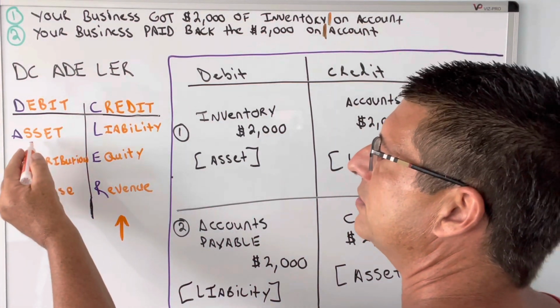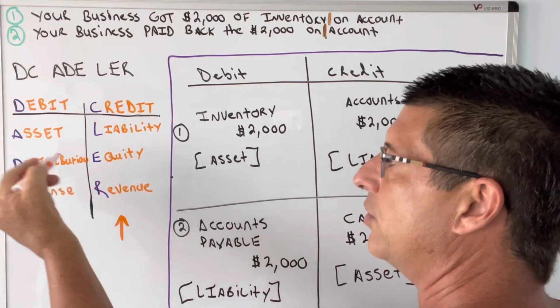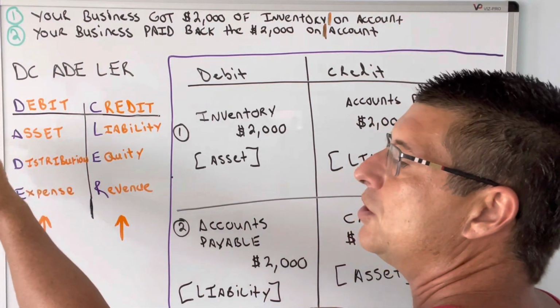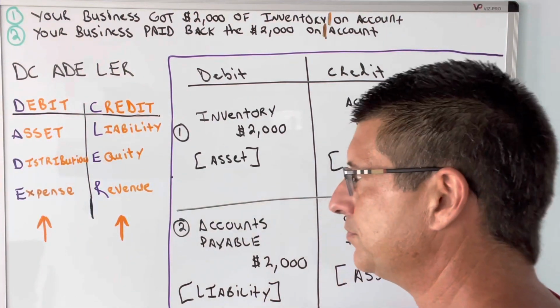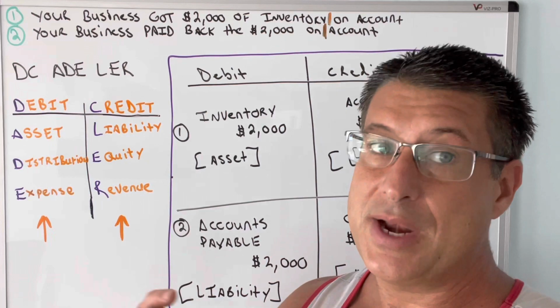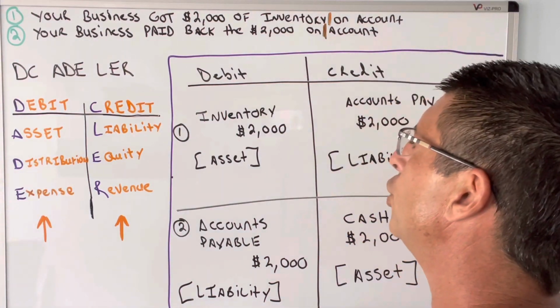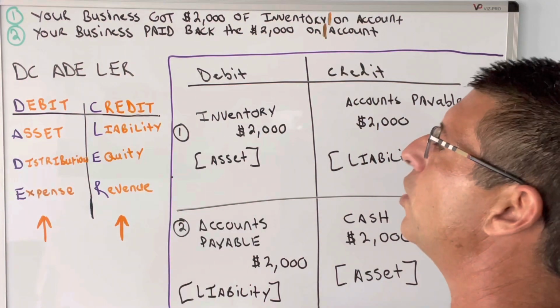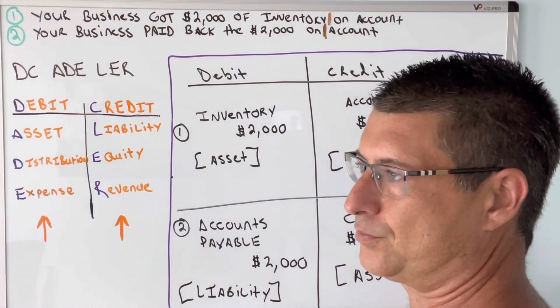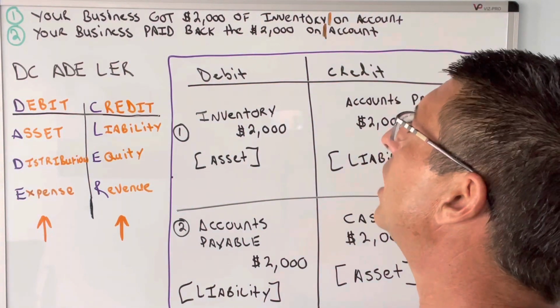You're going to write the DCAler and debit. You're going to write this down here, and you're going to write next to it certain assets. You're going to know what common assets are. That really helped me when I was learning accounting. So your inventory is going up in value because you got $2,000 of inventory.